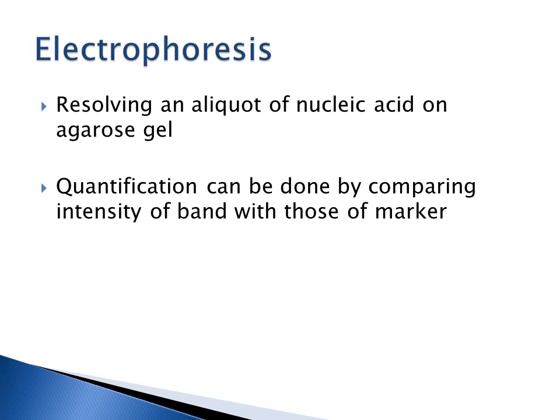For electrophoresis, you're going to resolve a portion of that nucleic acid that you just extracted. Usually you're going to make a dilution and take a small amount, maybe 5 microliters, and run it on an agarose gel.